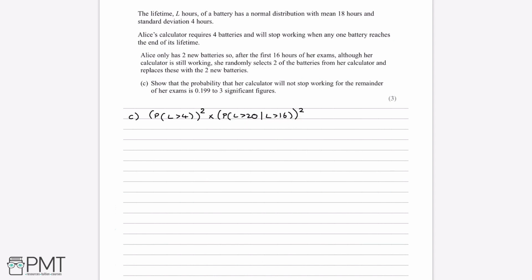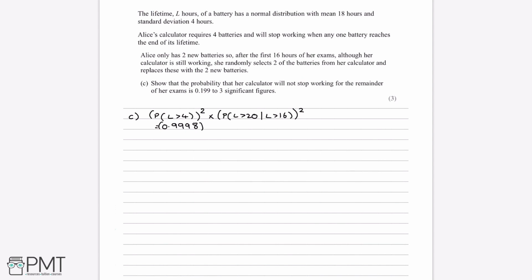So now if we substitute in this with numbers, if we use the normal CD distribution function on our calculator, we find that the probability that the lifetime is greater than 4 is equal to 0.9998, and that's to 4 decimal places.